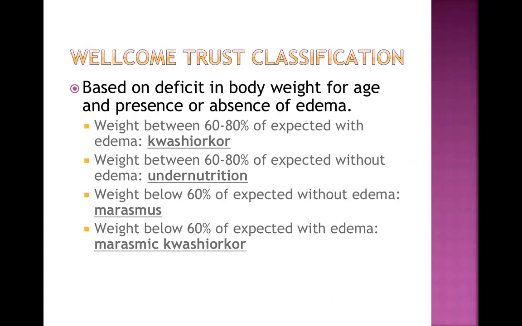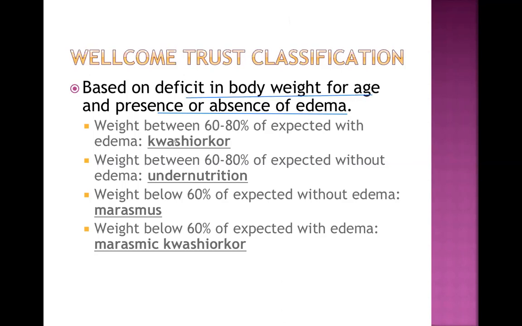So I will take the percentage, just like what we did now. And I'll also examine whether there is presence or absence of edema or not. Accordingly, we are going to classify it now. Here, presence or absence of edema, and then deficit in body weight for age.